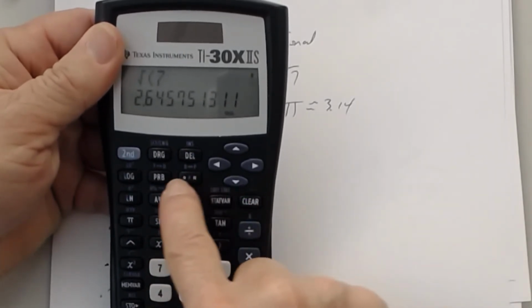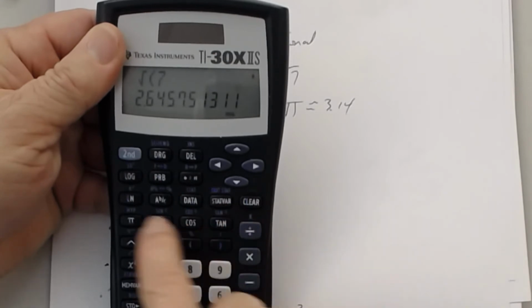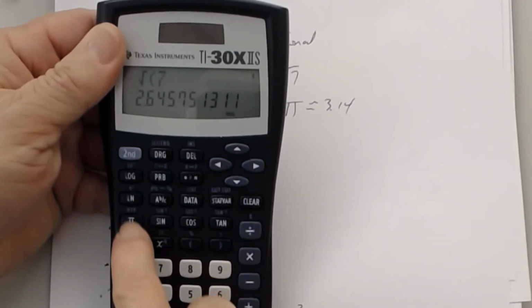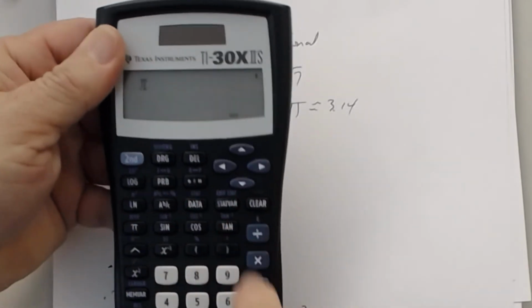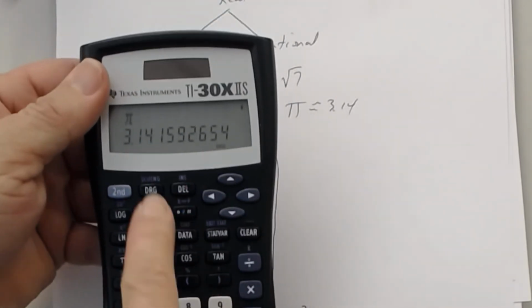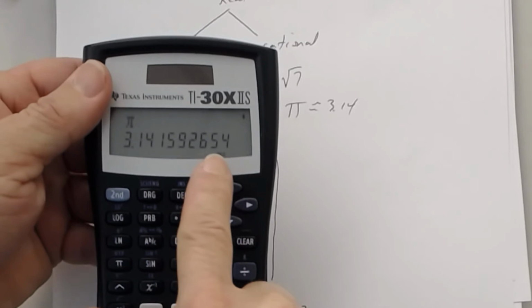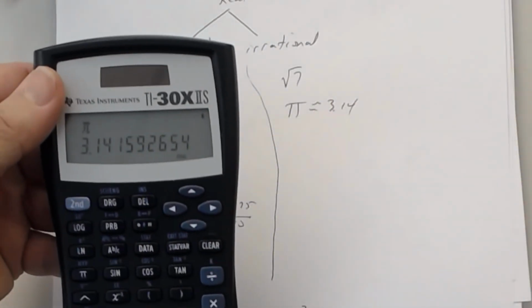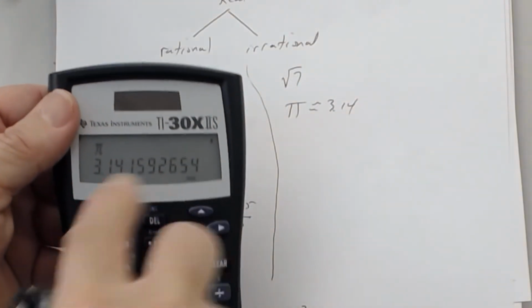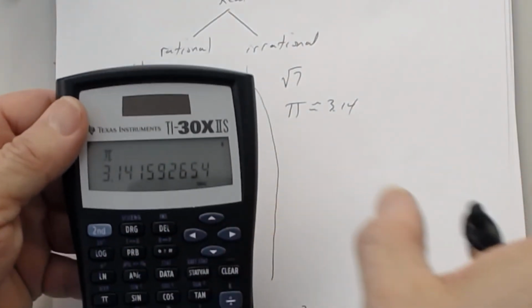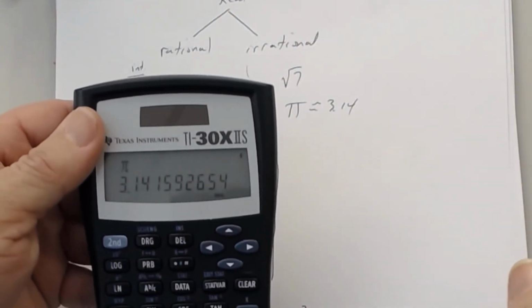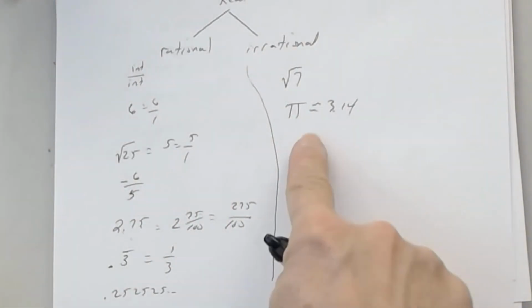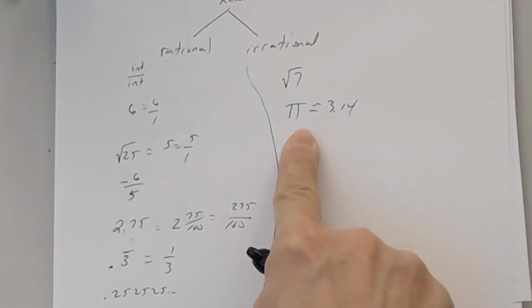Okay, there's pi, 3.14159265. So there's no repetition. It doesn't terminate, but notice you don't see any part that repeats. So it's irrational. That's why we wrote it as a Greek symbol.